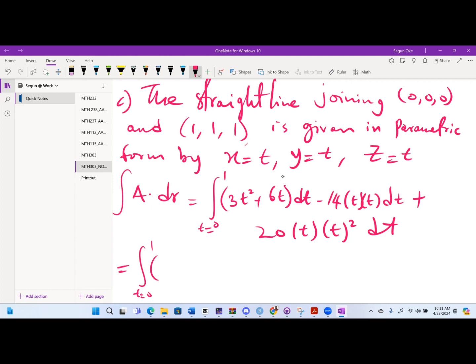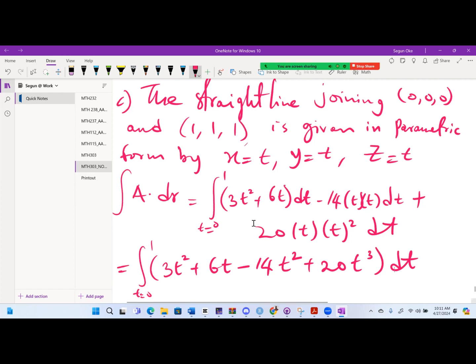So all we have to do is just leave it the way it is: 3t squared plus 6t, minus 14t squared, plus 20t cubed.